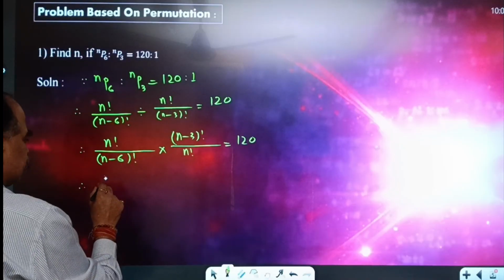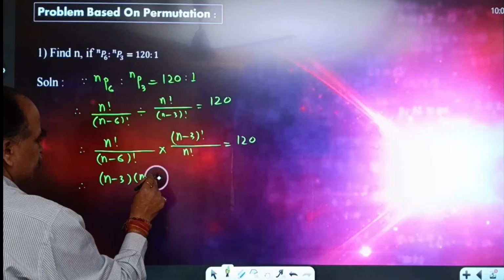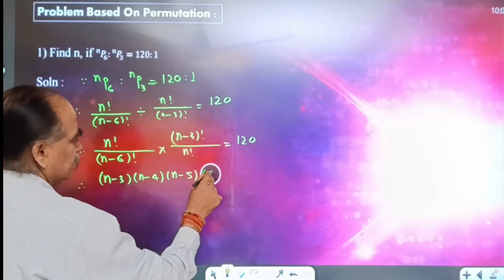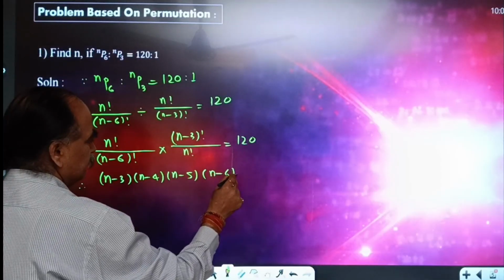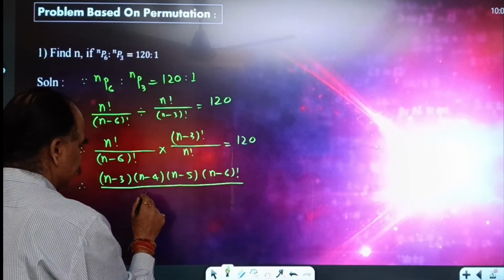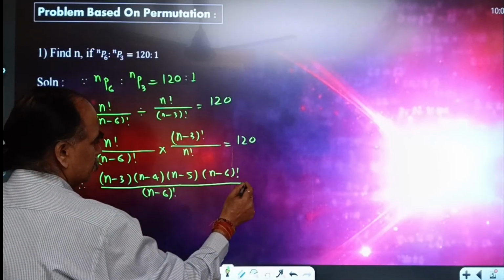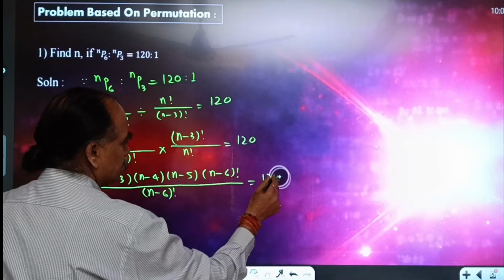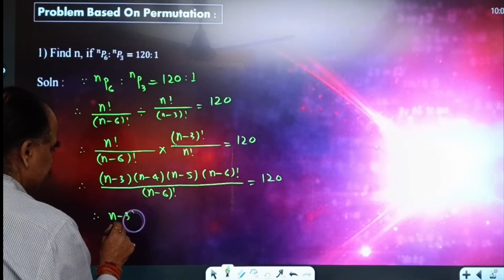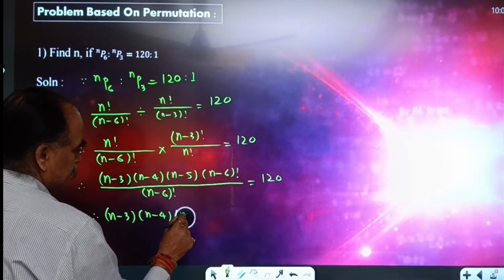This n minus 3 factorial can be written as n minus 3, n minus 4, n minus 5 into n minus 6 factorial. So this will give you n minus 3, n minus 4, n minus 5.